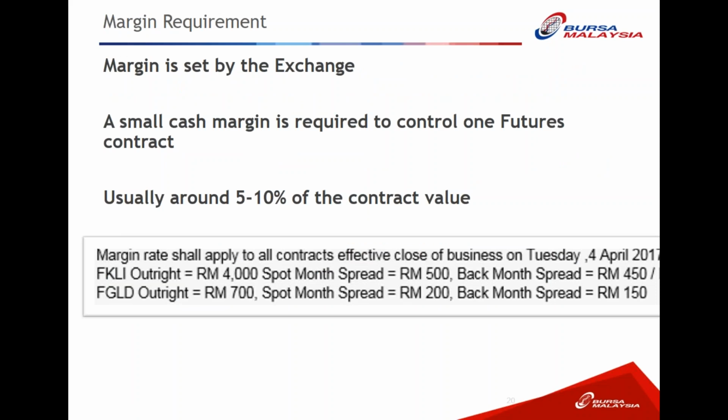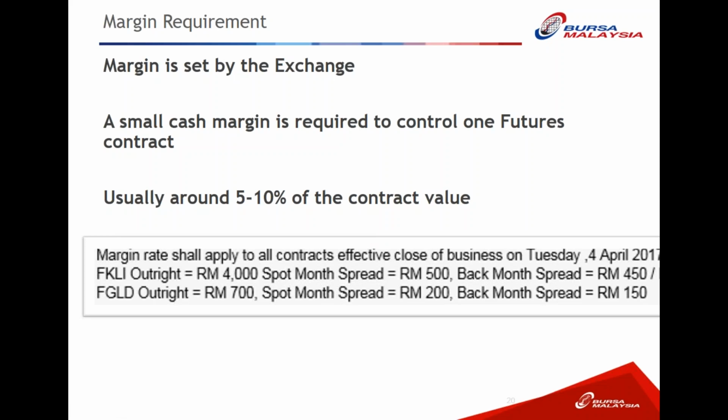Another part is the margin. Actually, margin is why people trade futures. You can control a very big asset with very little money, so you don't need to be a millionaire to start trading. You can trade with a small margin. The margin is set by the exchange according to their formula.